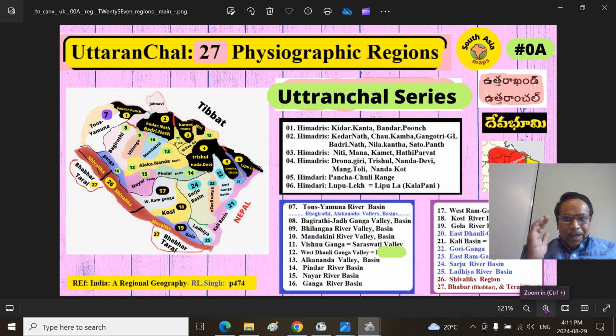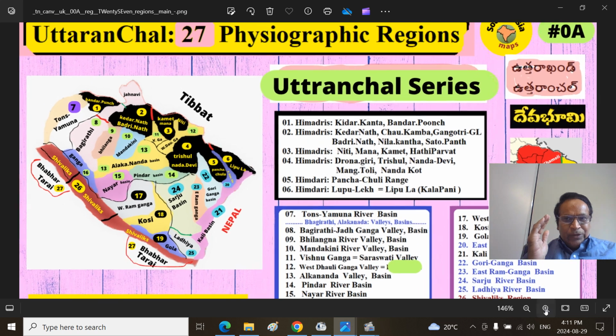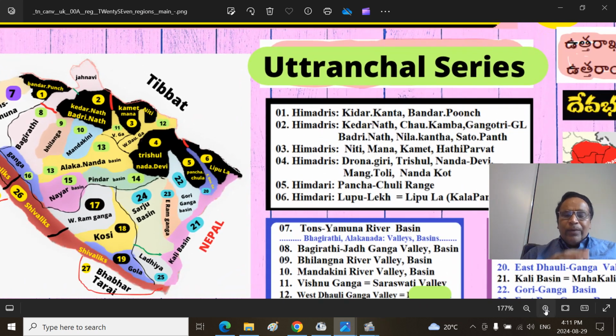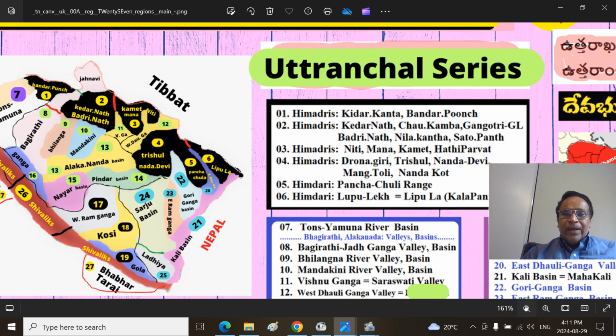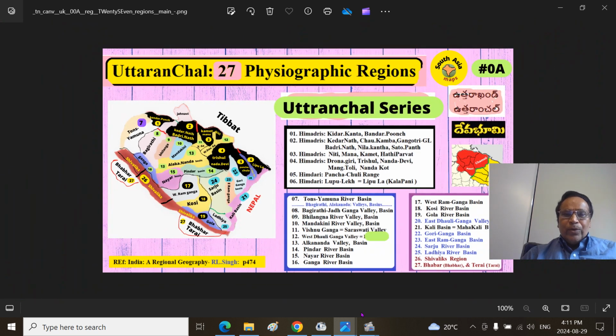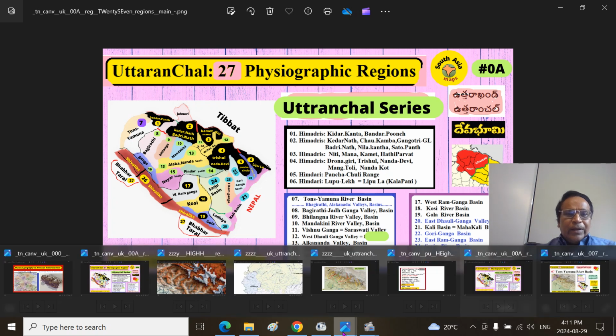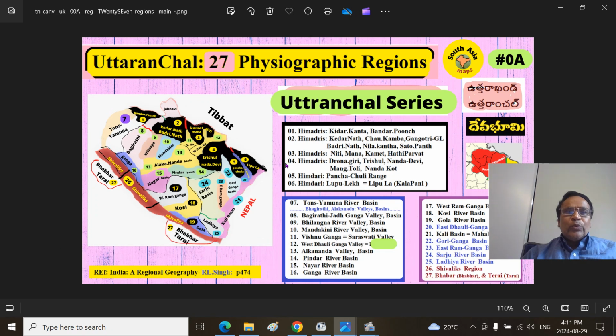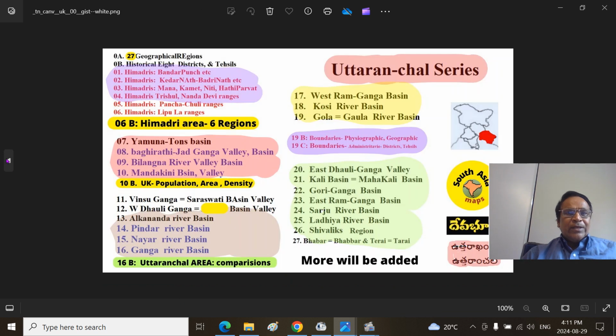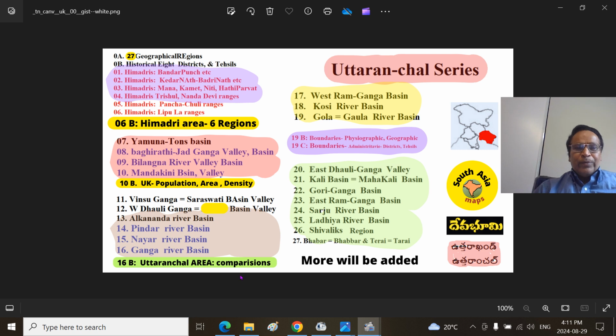That presentation gives you a broader overview, and today we are looking at a particular region. You can see the Uttaranchal series. We are looking at part 7, the Yamuna Tons River Basin of Devabhumi, Uttaranchal.